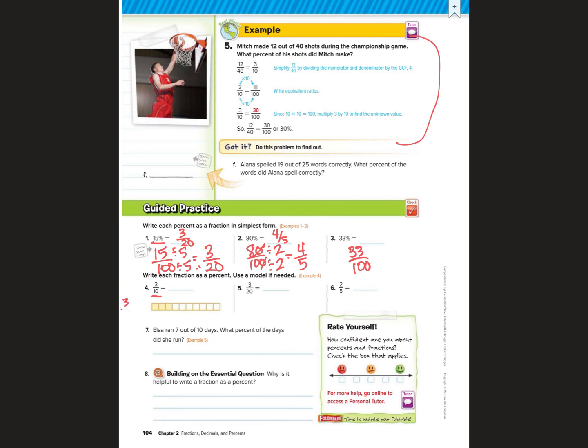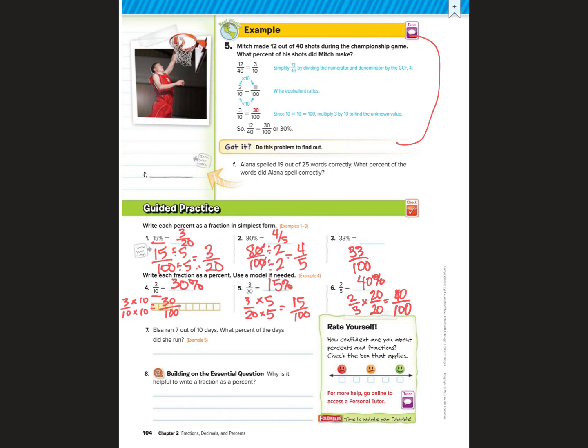If I have 3/10, I know I can multiply both by 10 to get a denominator of 100, so I'd have 30/100ths, which would be 30%. 3/20ths, I can multiply by 5, multiply by 5, and get 15/100ths, or 15%. 2/5, I can multiply by 20 over 20 to get 40/100ths, or 40%.